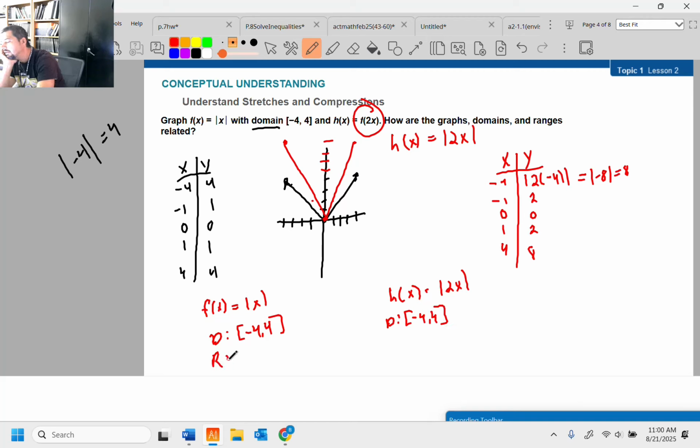The old range was 0 to 4, but the new range is 0 to 8. Now I want you to pay attention that the graph was horizontally compressed. And a horizontal compression is equivalent to a vertical stretch. So pay attention to that, okay?